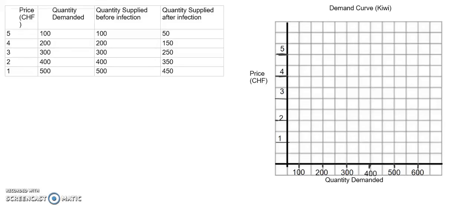The article that I had to explain the linear function was "Bacteria threatens to wipe out kiwi fruit."